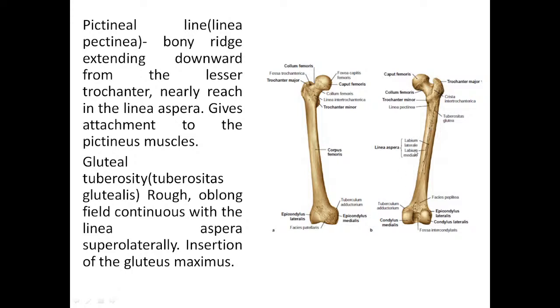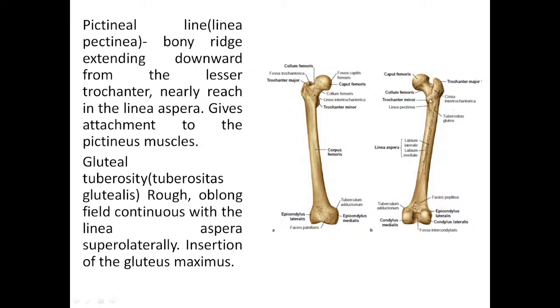Linea aspera at the proximal end of the femur forms a double line: linea pectinea and tuberositas glutea, gluteal tuberosity.